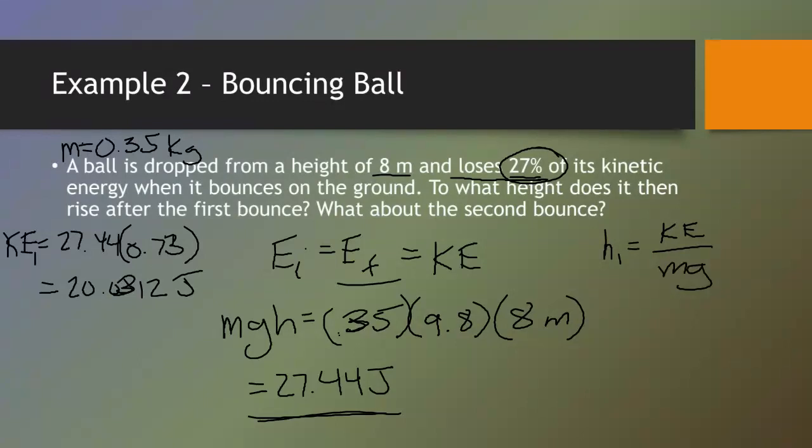So 20.0312 divided by 0.35 times 9.8. And the height after the first bounce is going to be 5.84 meters.